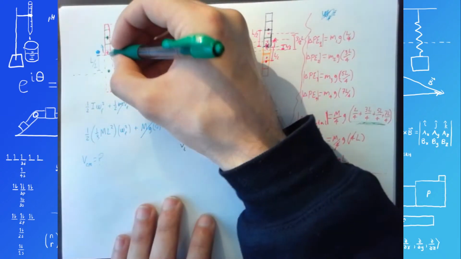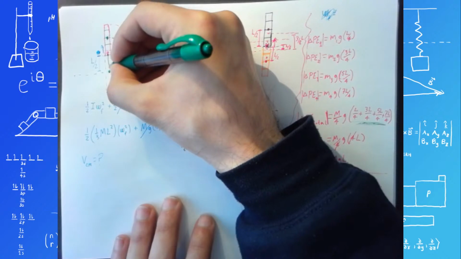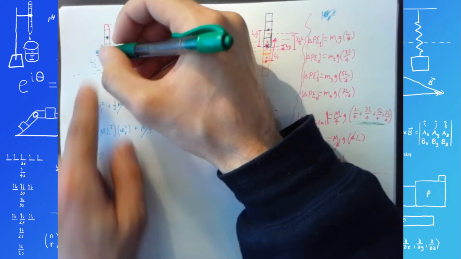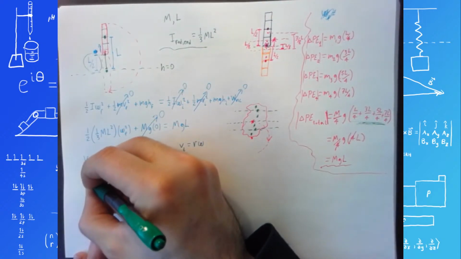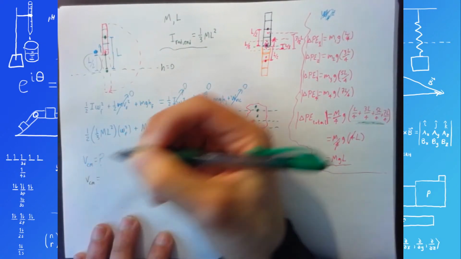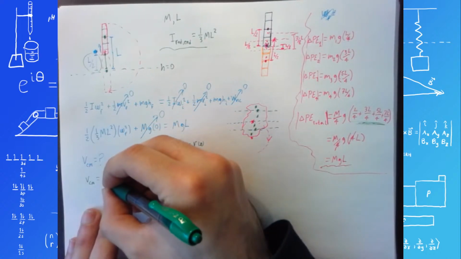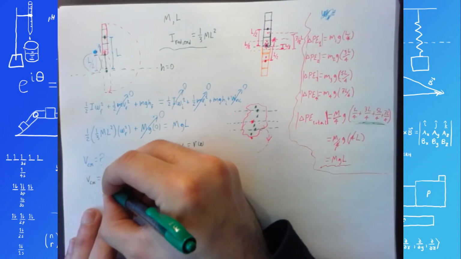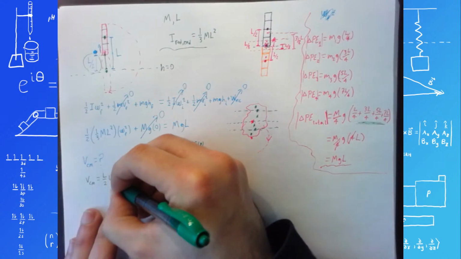Well, for the center of mass, r, the distance from the axis, is this over here. It's L over 2. So v of the center of mass is going to be L over 2 times omega final.